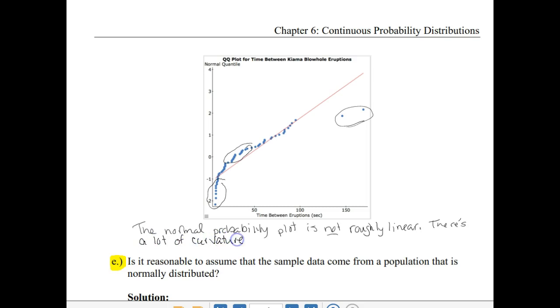Okay, so we're not looking for picture perfect dot to dot linear, but in here there's a lot of curvature, and the points deviate far from the line displayed.